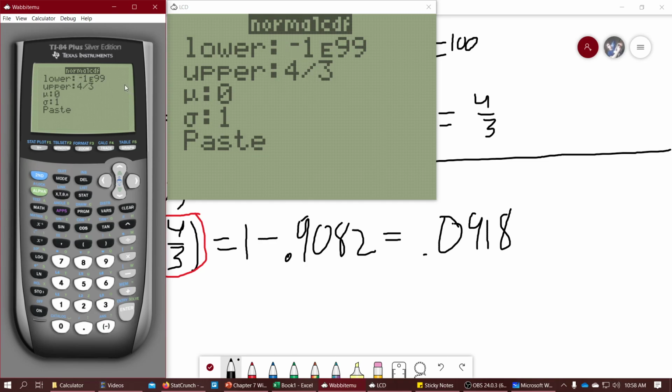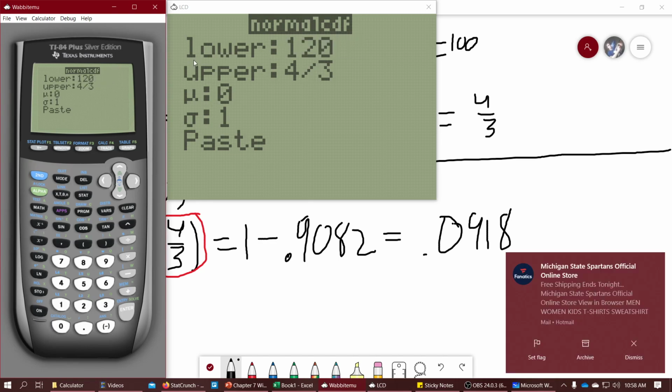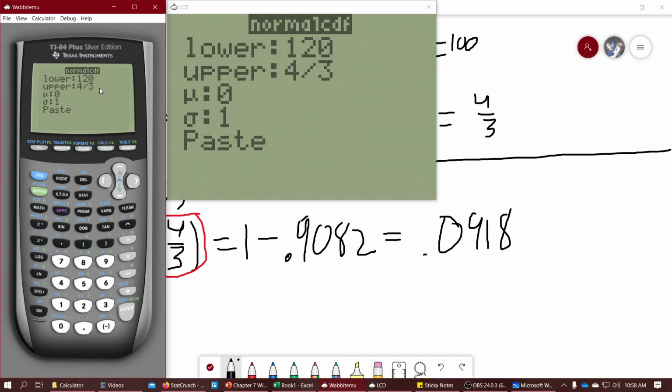So I'm going to set my new lower bound to be 120 because I want to look at 120 and bigger. My new upper bound, we're going up to infinity. We have no upper bound. So I do 1, and we're going to put in the e. The e's here are right above the comma, e, and then 99.